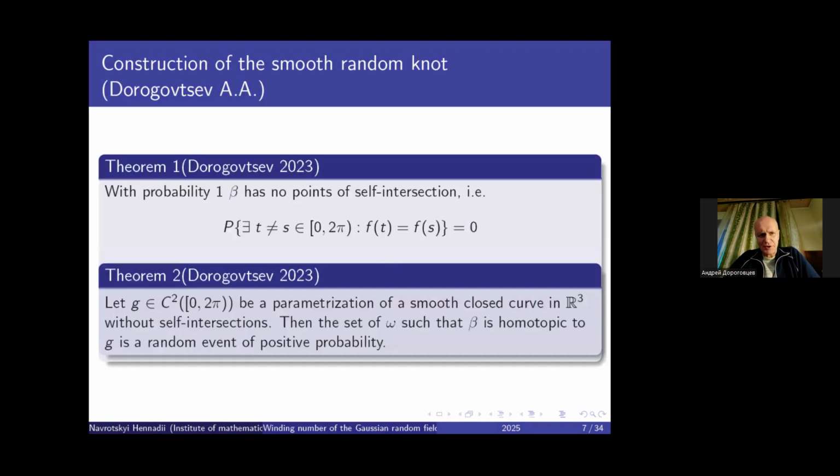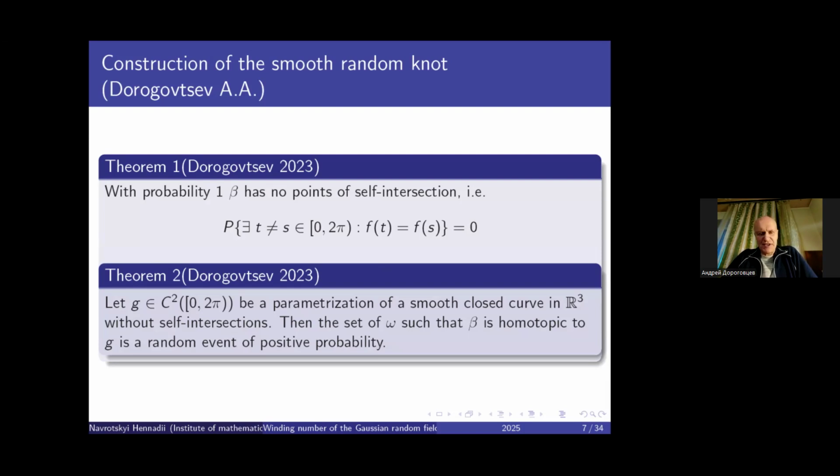Next and next. Stop. So we have here theorem 2, where we say that the obtained knot can have arbitrary topological type with positive probability.